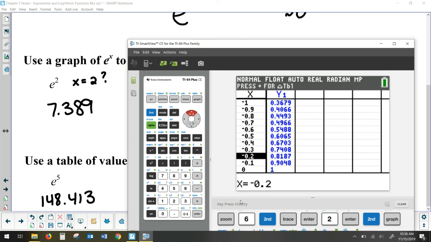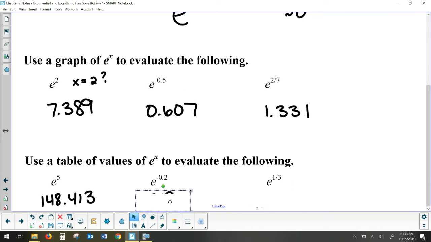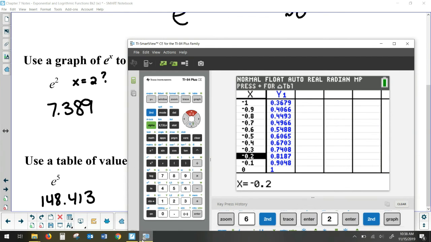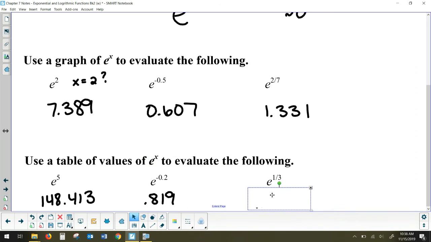And we see negative 0.2 is 8.19. Okay, pressing plus. Now we want it to go by 1/3. So 1/3 is 1.396.